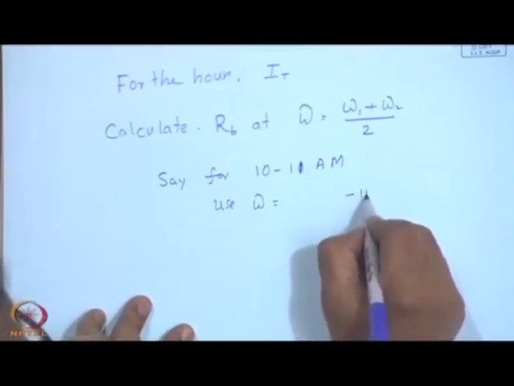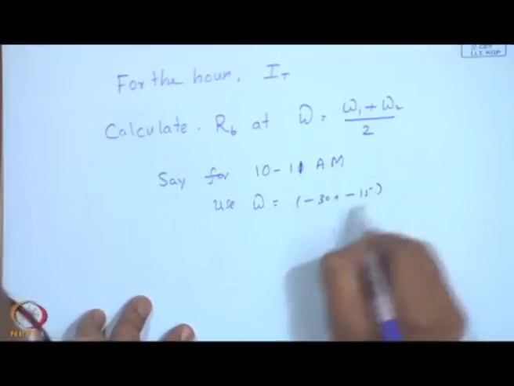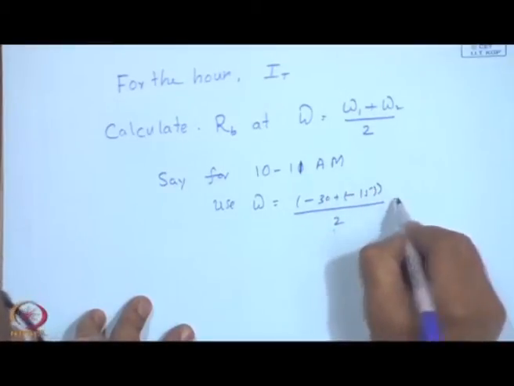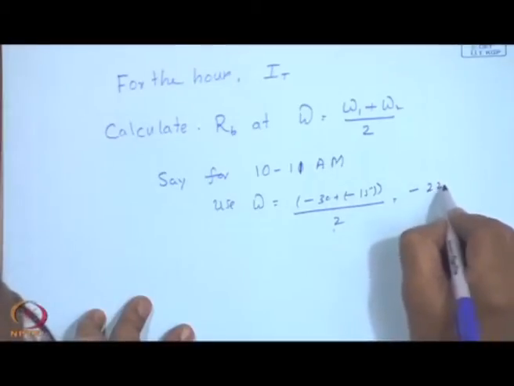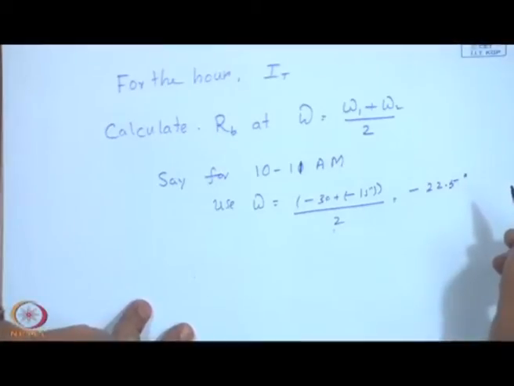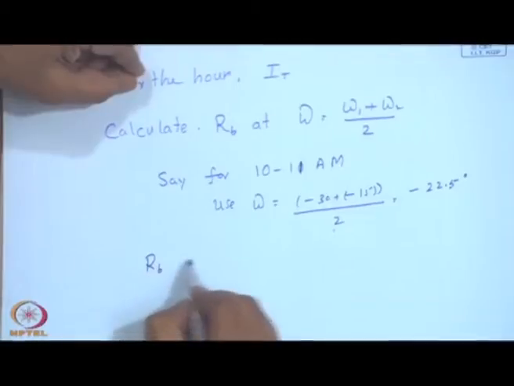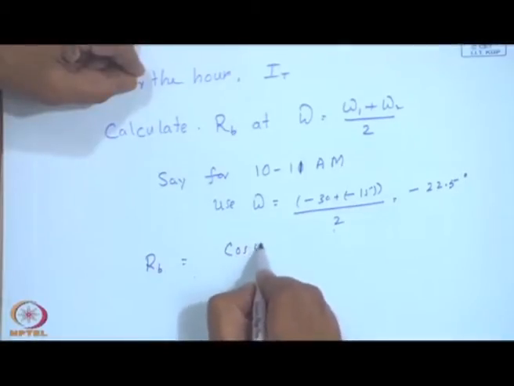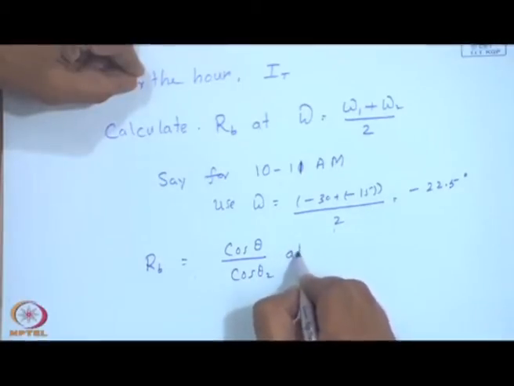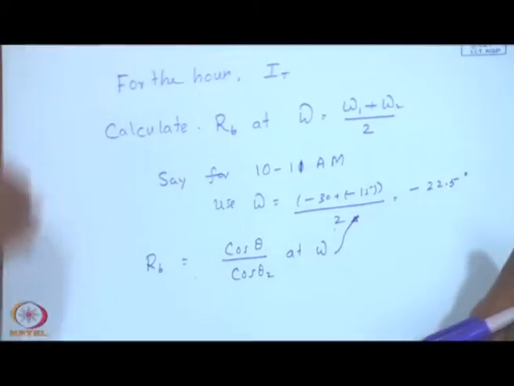This is minus 15 minus 30. Correct, and calculate your R B, which in general is simply cos theta by cos theta z, at this omega given by omega 1 plus omega 2 by 2.